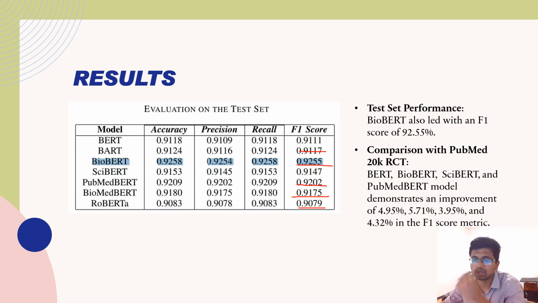BioBERT is a model which is pre-trained over PMC articles as well as PubMed articles, so that could be a reason for its high performance. Throughout the table, the consistent precision, recall, and F1 score values indicate their effectiveness in understanding and classifying biomedical texts.